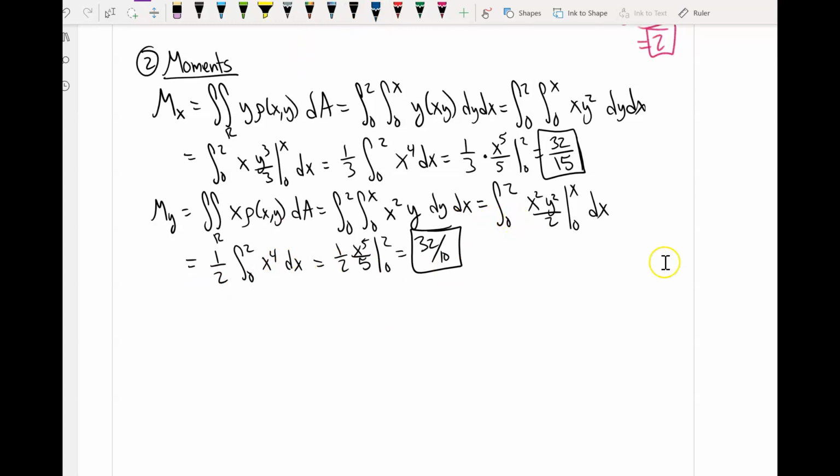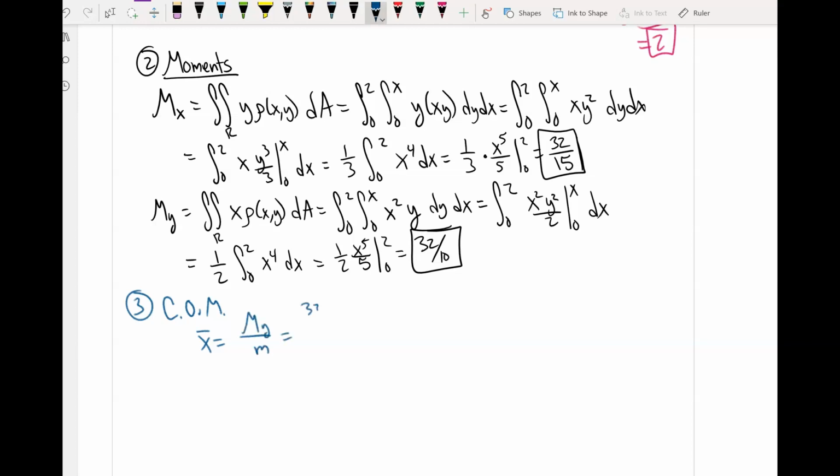Okay, so now let's go ahead and find the center of mass. I'm going to write it as COM. So x bar is just going to be the moment around the x direction. Oops, that's wrong. The moment about the y direction divided by m.